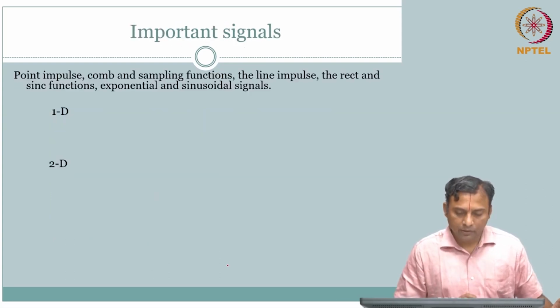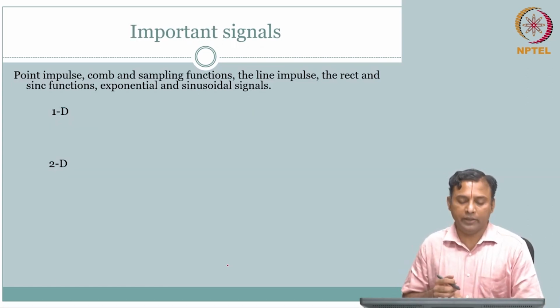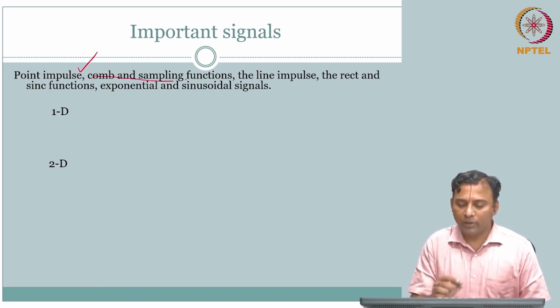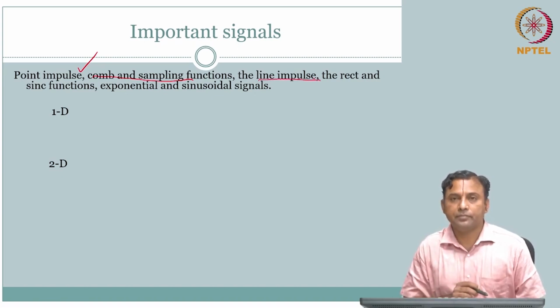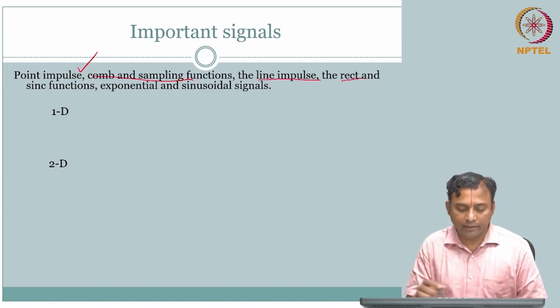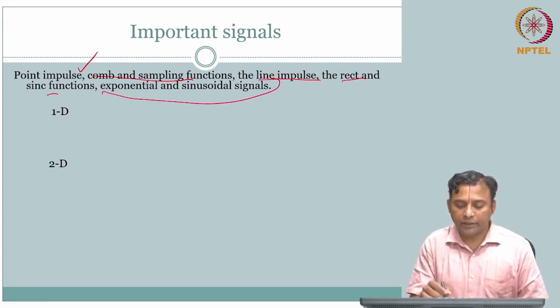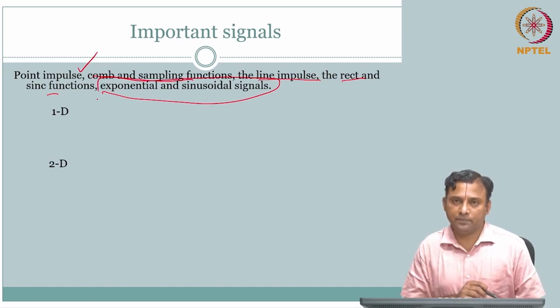What are the specific signals that we are going to encounter here? We are going to talk about point impulse, comb and sampling function, line impulse, and a few other functions like rect and sinc. Of course, the relationship between exponential and sinusoidal signals. This is just scratching the surface.